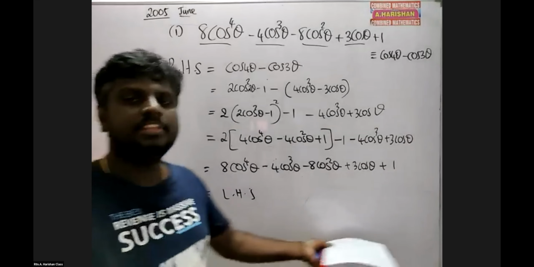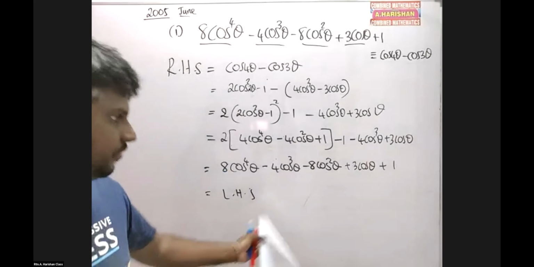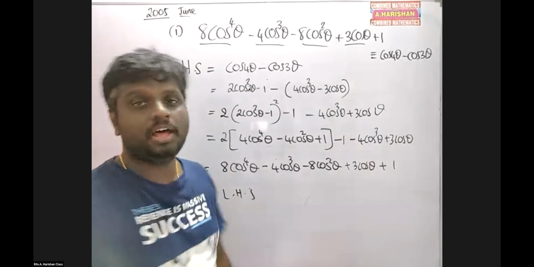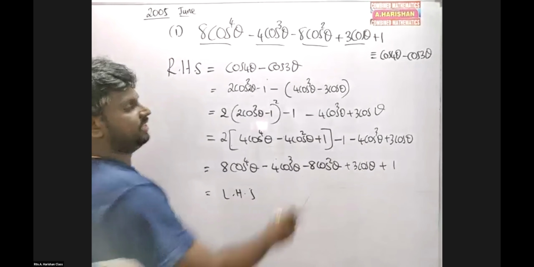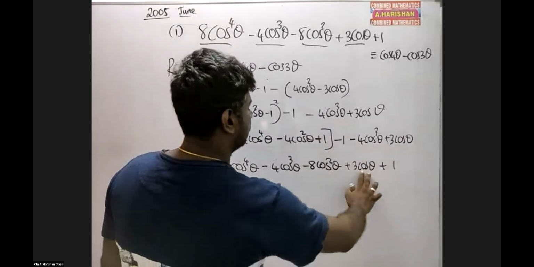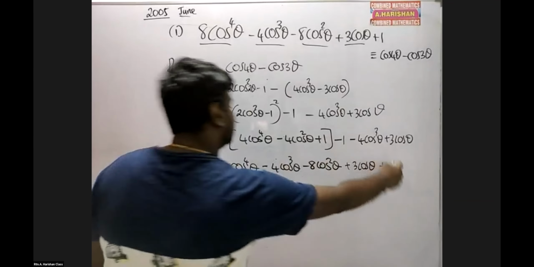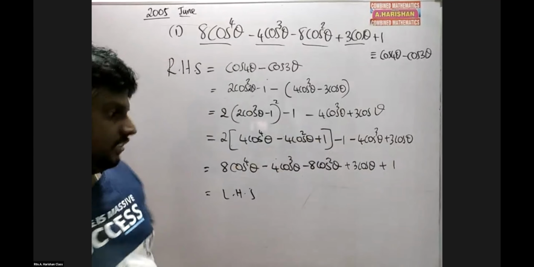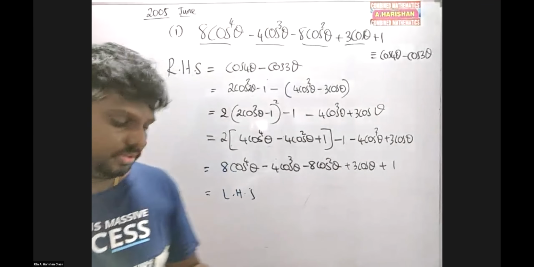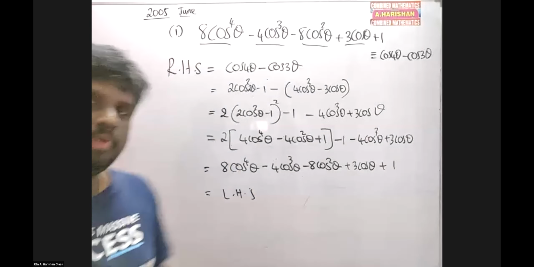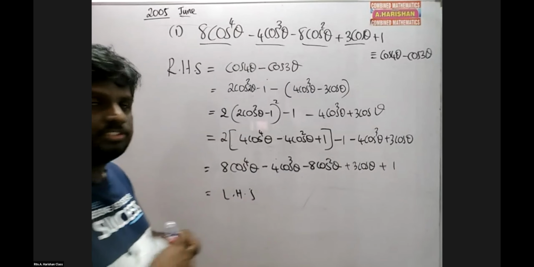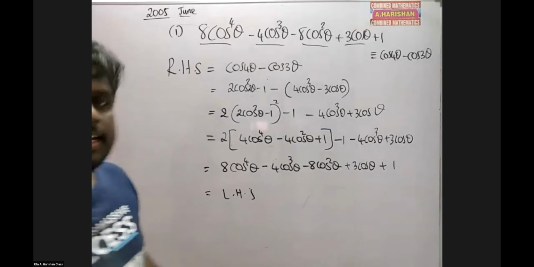Anyhow, you will end up with this kind of LHS, if you start from the RHS. But you can start from the LHS also. In that case, you have to keep this one away and take care about this one. So then that's it. The first one is shown. Any problem? If you want to copy this, I'll give 30 seconds.